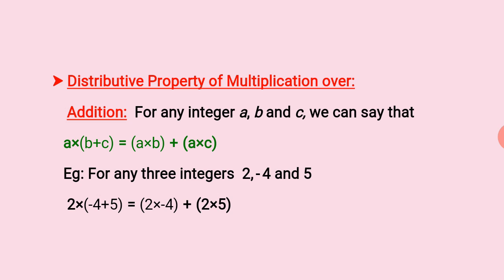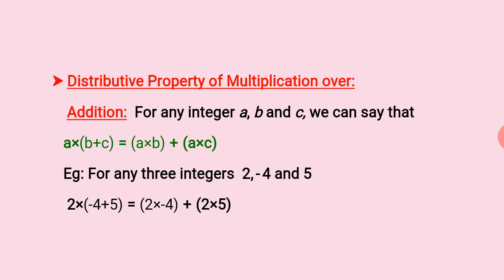So a is initially multiplied by b and then a is again multiplied by c. But then in between b and c you have the sign, that is plus sign. So that sign is to be put exactly in between. That is how the statement becomes a multiplied by b plus c equal to a multiplied by b plus a multiplied by c. So I hope the way it is expanded, distributed, you have understood.